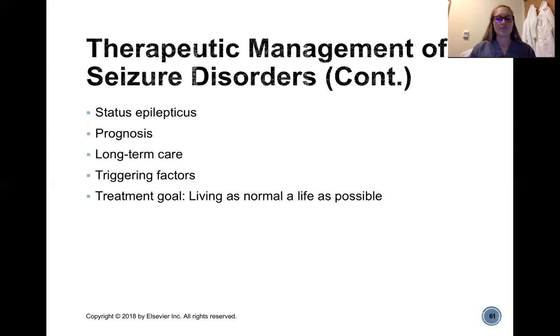The prognosis of seizures is actually pretty good. Only half of children who experience one seizure experience another seizure. With long-term care, we're going to utilize the management that we spoke about in the previous slide with various drug therapies and diet changes to decrease the number and the severity of those. We're going to talk to the patients and determine what the triggering factors are.